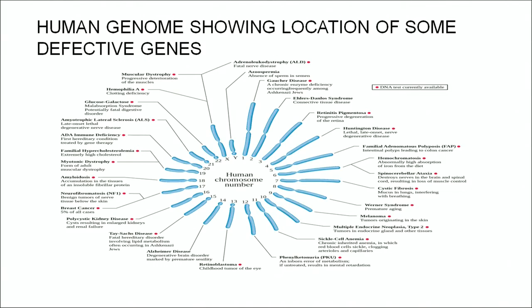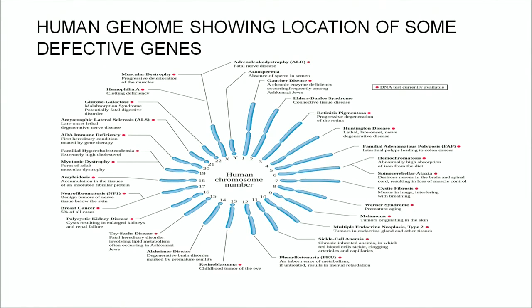In this slide, we can see the genes for various diseases and which chromosome they are present on. Say in chromosome number 1, there is a gene for Gaucher disease, and in the X chromosome, there is a gene for muscular dystrophy.